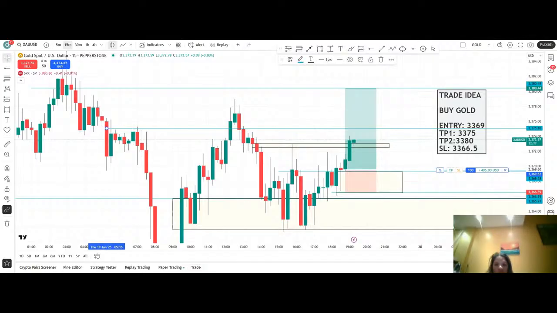You can see it wants to go higher. Price wants to go higher.